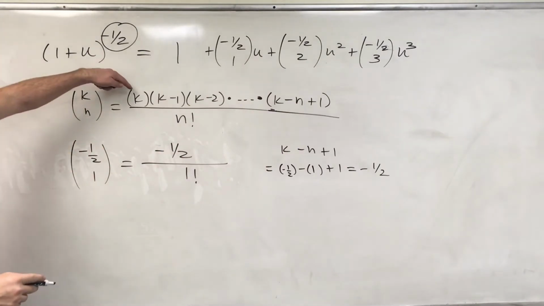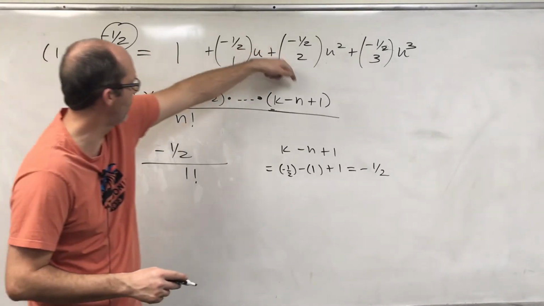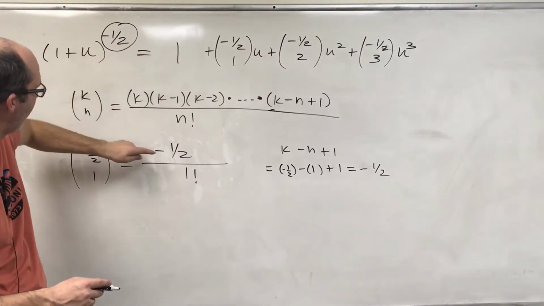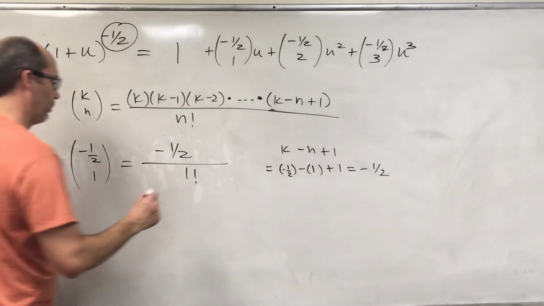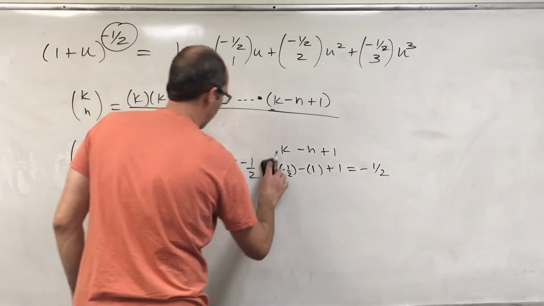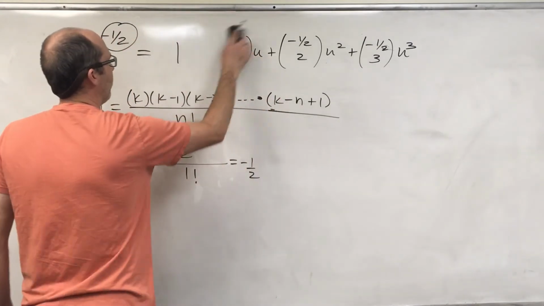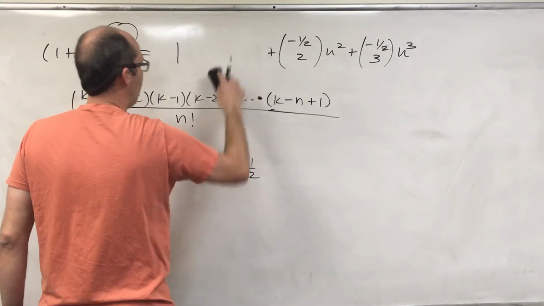We start at negative 1/2 and stop at negative 1/2. We keep subtracting 1 until we get to negative a half, but we're already at negative a half, so we just stay there. So we find that this term is negative 1/2 u.